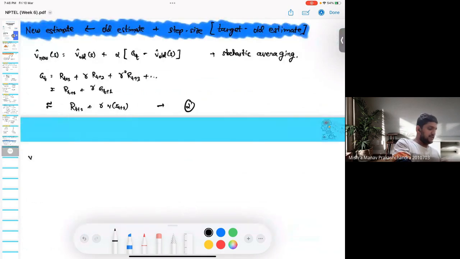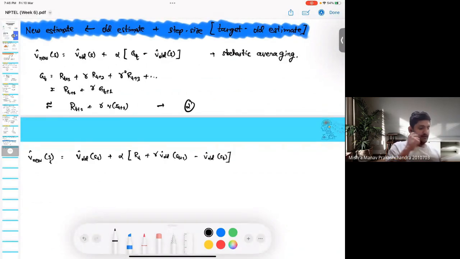V hat of new s_t is equal to V hat of old s_t plus alpha times R_t plus gamma V hat old s_(t+1) minus V hat of old s_t. I have simply replaced GT by equation number 2.